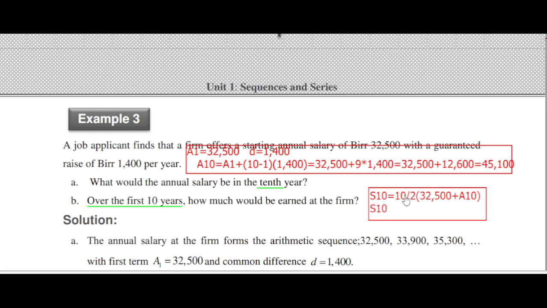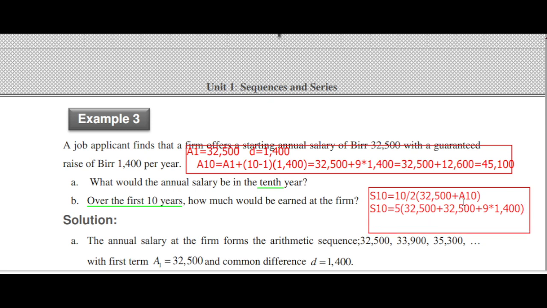S10 is equal to 10 divided by 2, 5 times 32,500 plus A10, which can be calculated as A1 plus 10 minus 1, 9 times common difference d, 1,400.